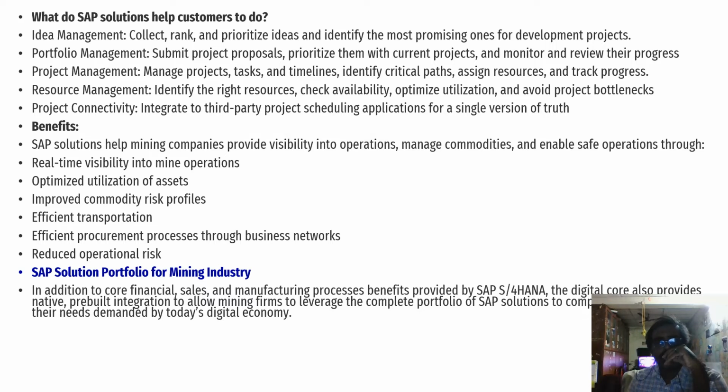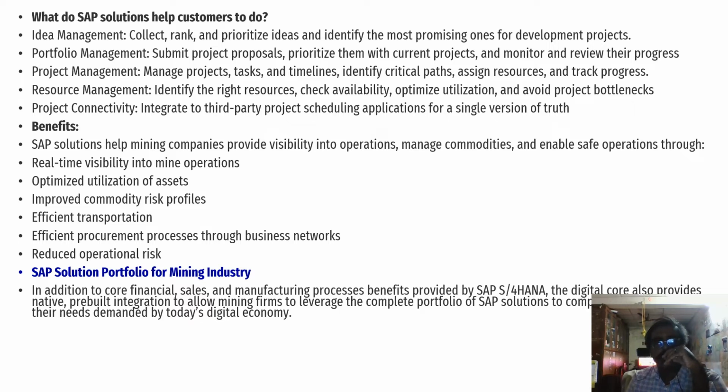So next we have to think about what SAP solutions help the customer to do. So we have idea management. First we need to ideate, collect, rank and prioritize the ideas and identify the most promising ones which are possible for revenue and economic growth, which facilitates the development of the projects.